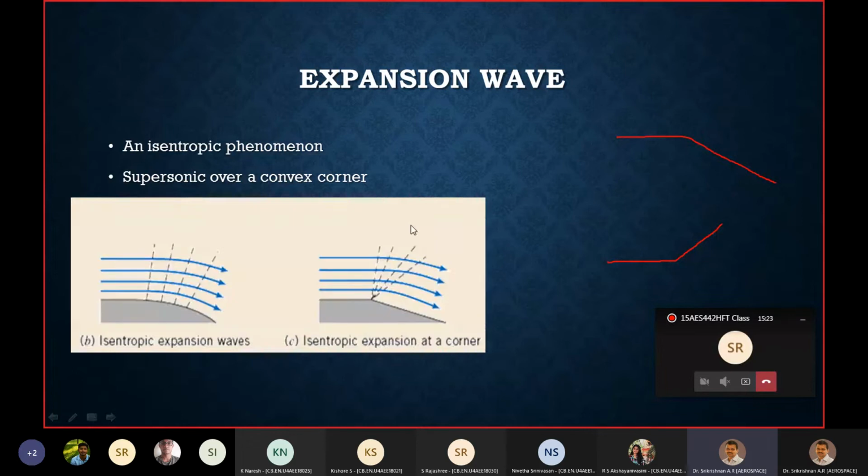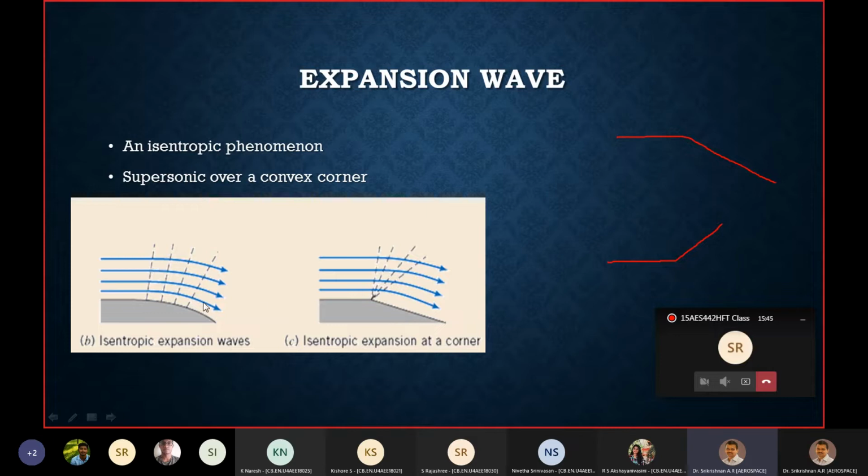like the ones shown here, we can expect a series of expansion waves. It could be either a smooth expansion or an abrupt expansion. In both cases, you can assume it to be happening over a series of expansion waves.